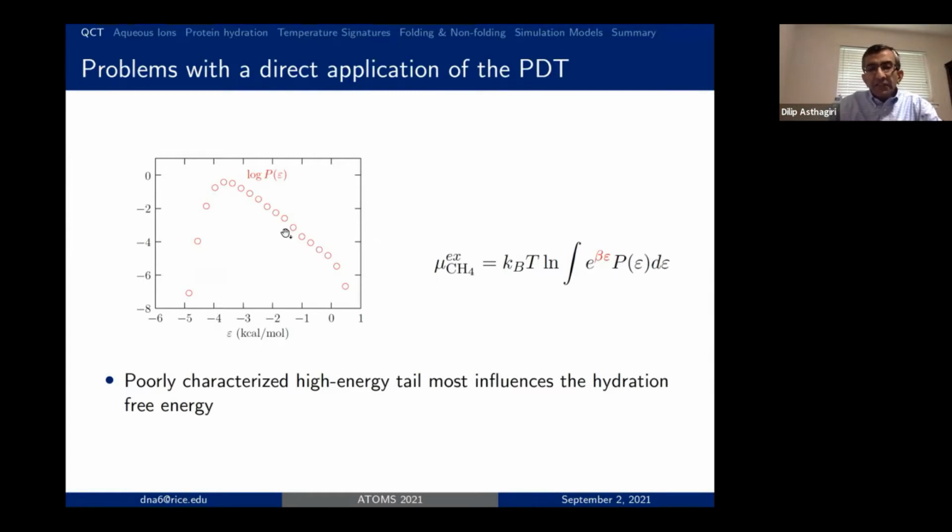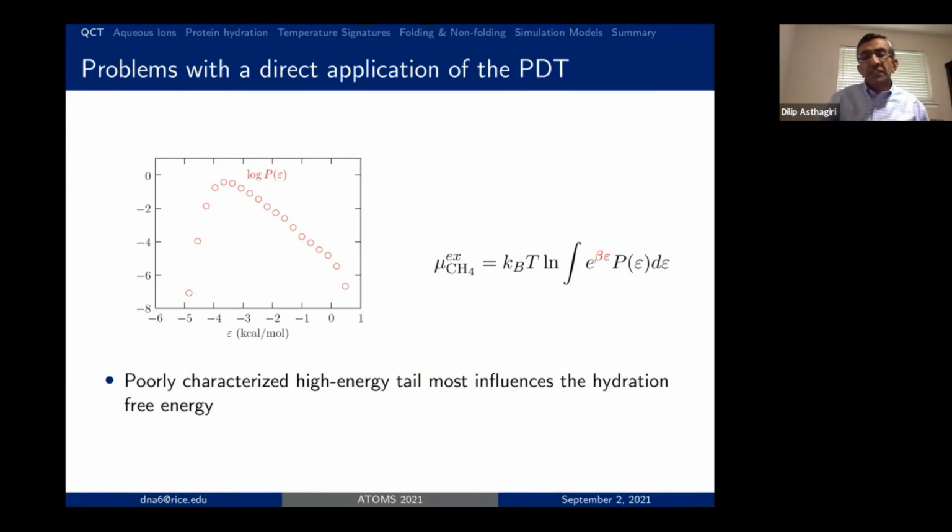In fact, these distributions that we see in simulations, at least the high energy tail part, are extreme value distributions, and it is fairly difficult to sample them. It is precisely to deal with such distributions that you have ideas like thermodynamic perturbation and thermodynamic integration.